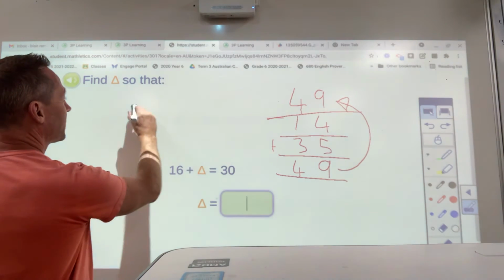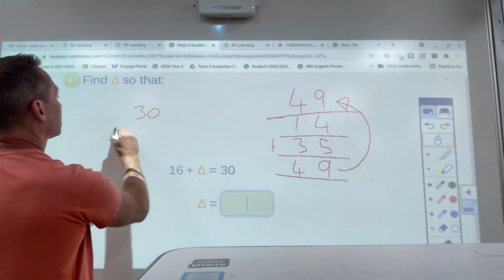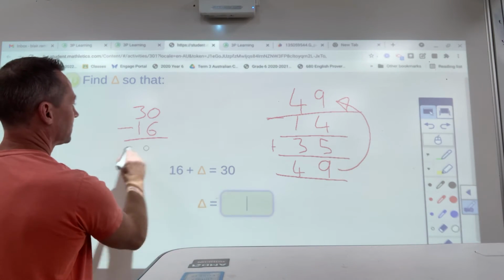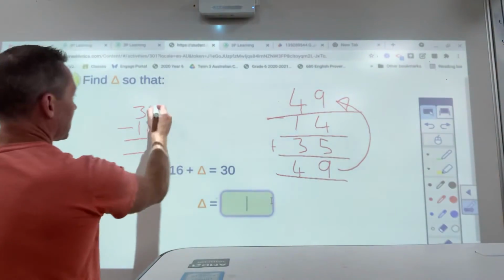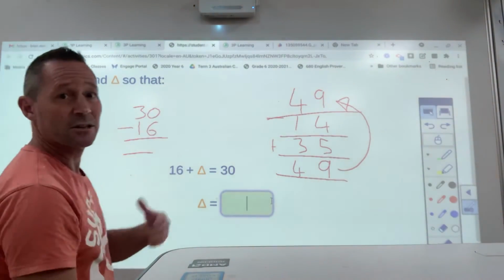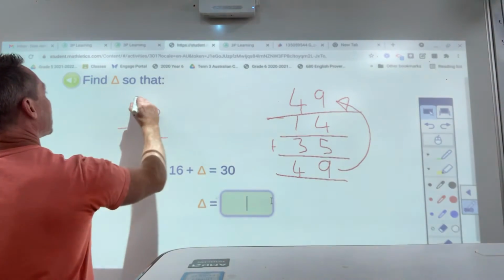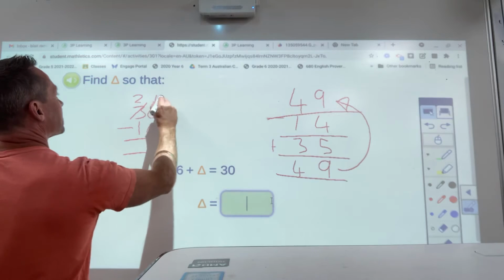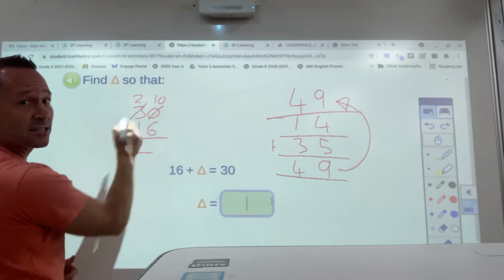So I'd do 30 minus 16. I can't do 0 minus 6, I don't have enough. Come next door to the tens and exchange. So 2 tens is 20 plus 10 is 30.